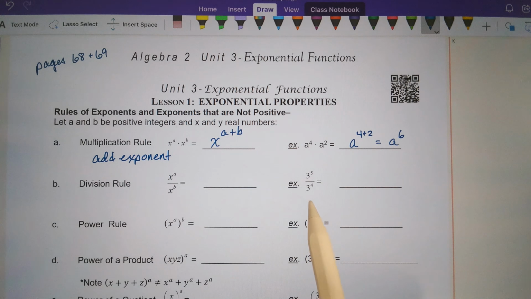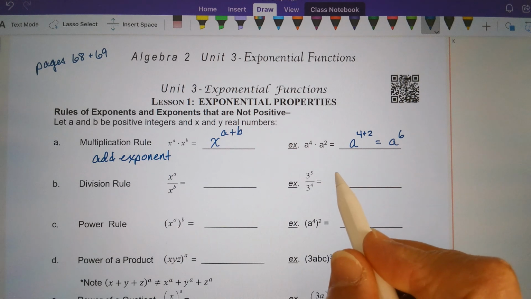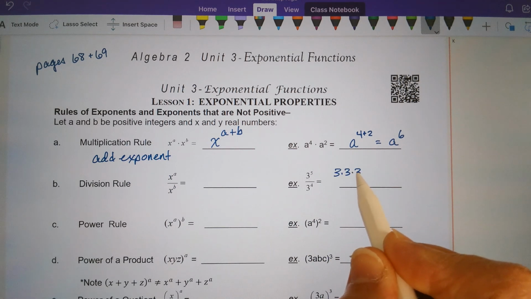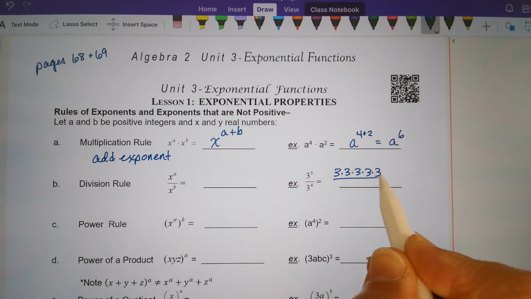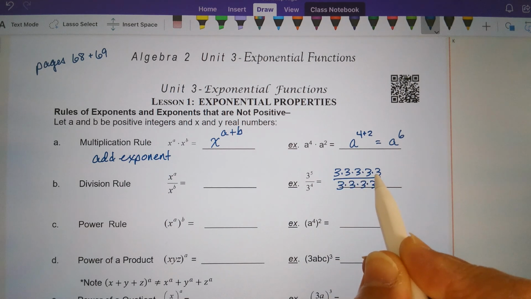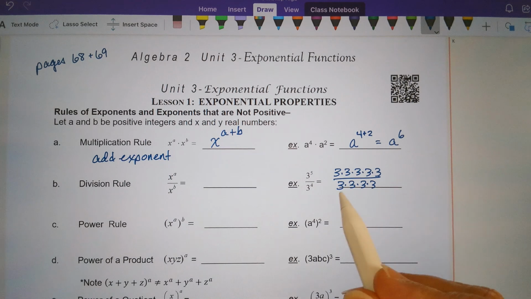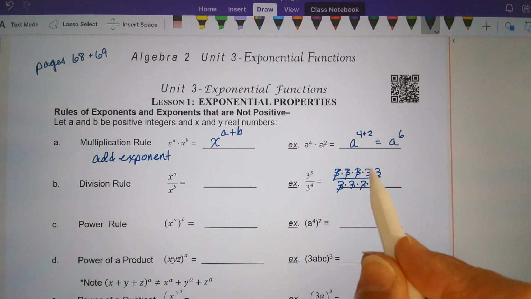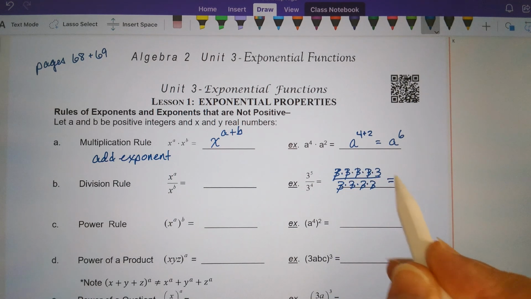Our next example, 3 to the 5th divided by 3 to the 4th. If I was to write this out, 3 times 3 times 3 times 3 times 3 divided by 3 times 3 times 3 times 3, right? 5 3's here, 4 here, and pairs would divide out, leaving us with 1 3.